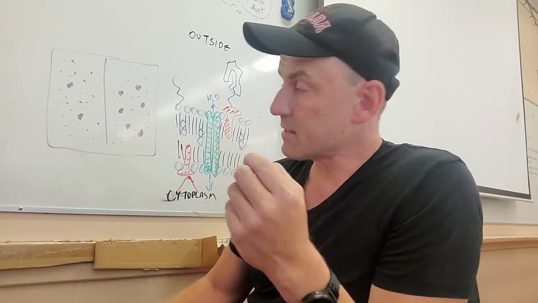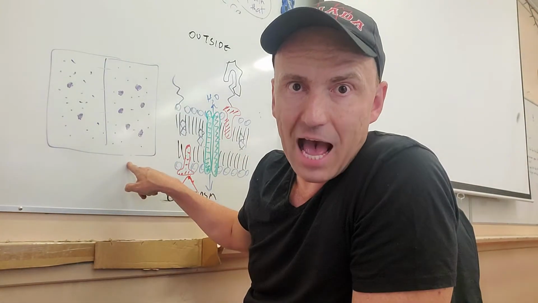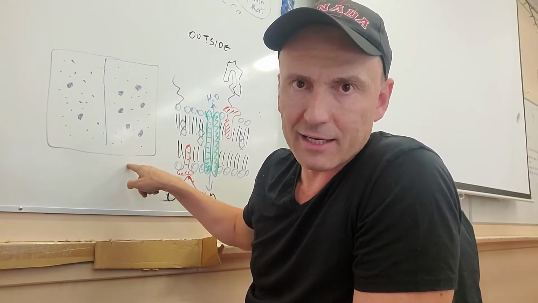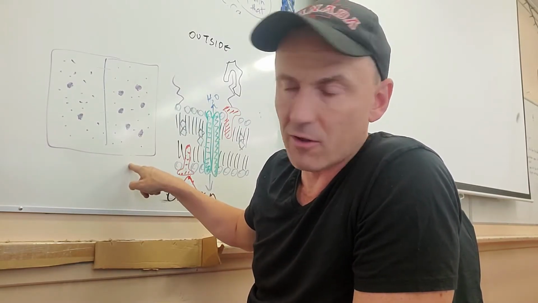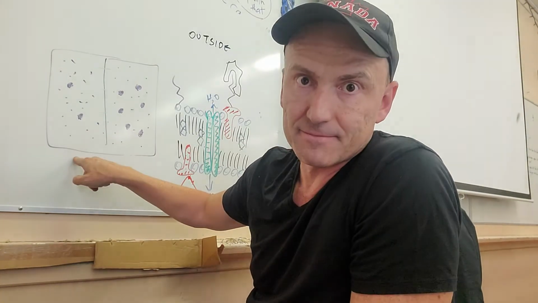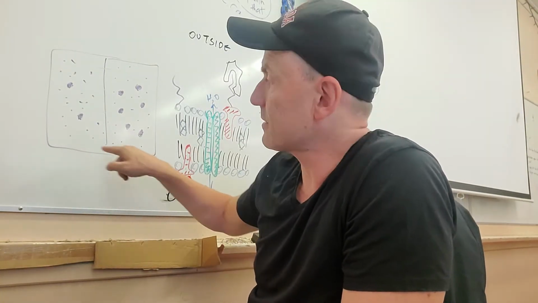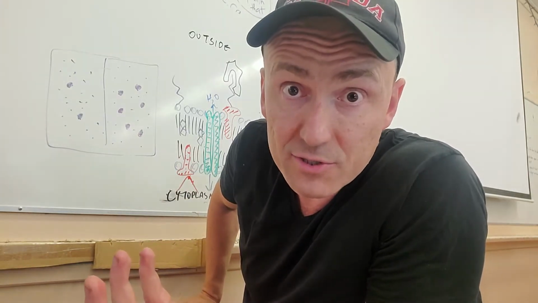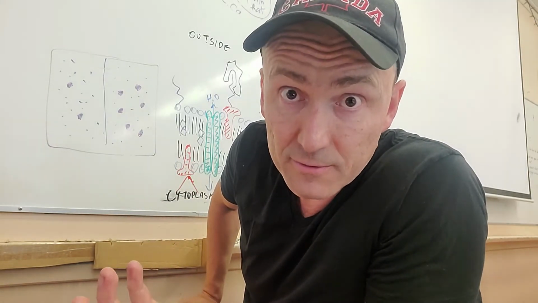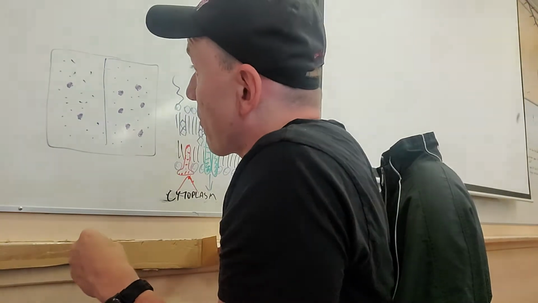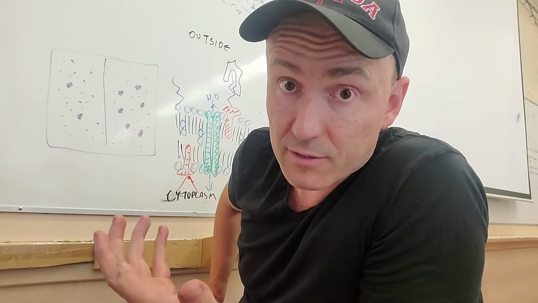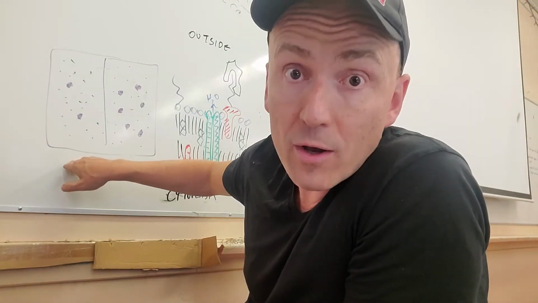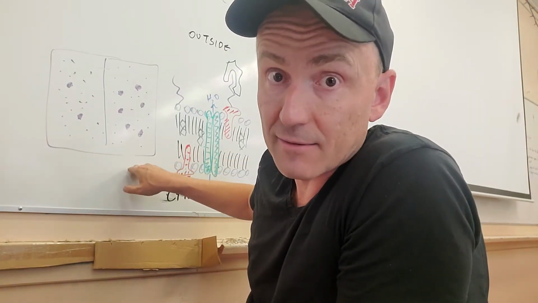What that means is that this side is hypertonic, hyper, more, tonic, and tonic refers to the solute, than this side. That's what it means. This side has a decreased concentration of solute, and therefore it's got a lower concentration of solute, and so this side is hypotonic to this side.